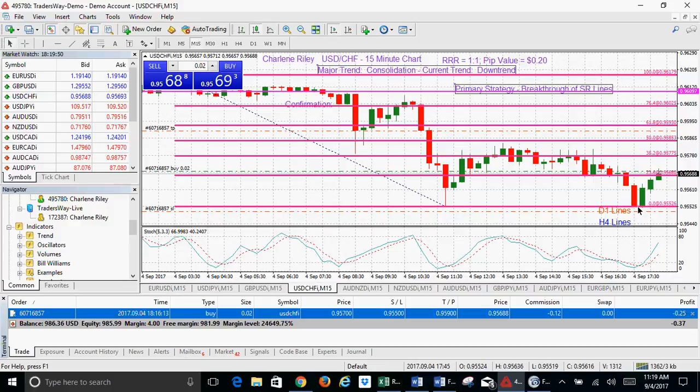Also here I saw that I had the tweezer bottom, which was an indication of a reversal to an uptrend. And I see it borne out that we did on the third candlestick, which was bullish.